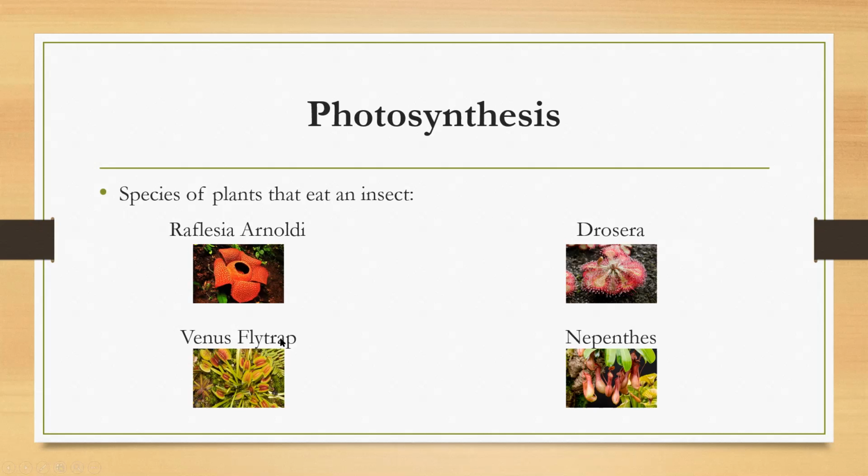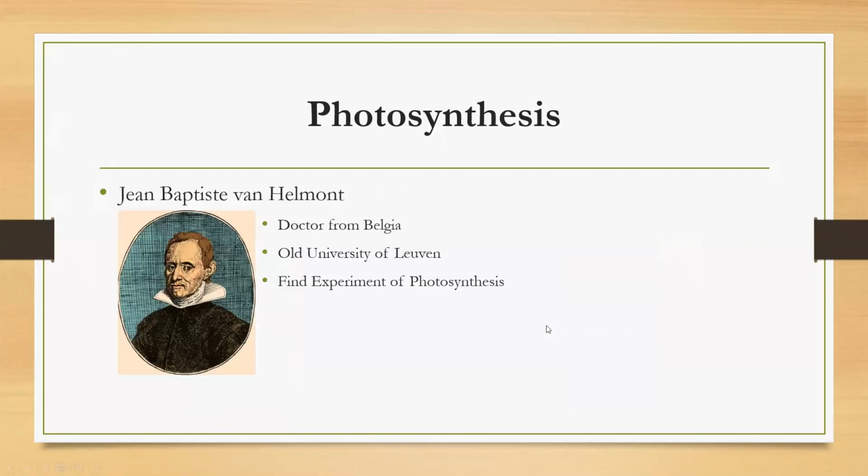So actually, not only Rafflesia arnoldi, Venus flytrap, Drosera, and Nepenthes eat insects. A lot of plant species eat insects, but I just include 4 of those because I don't want to explain more.